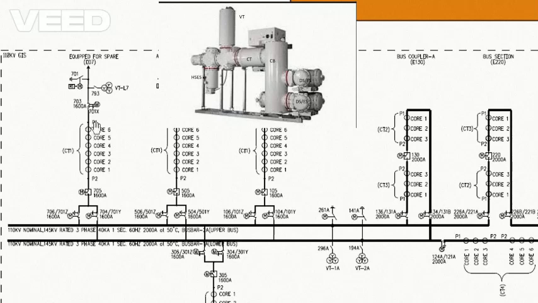Let us continue. From P1 to P2 are the CTs. In the same way as the VT, this CT is also a step down transformer for current. This is called a current transformer or instrument transformer, which will step down the current to a measurable range.